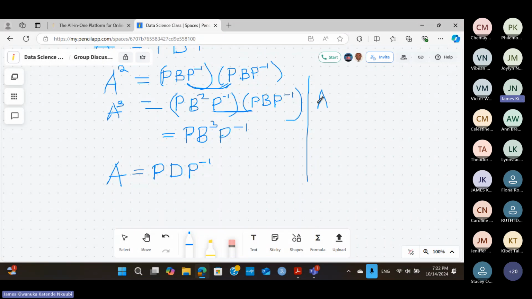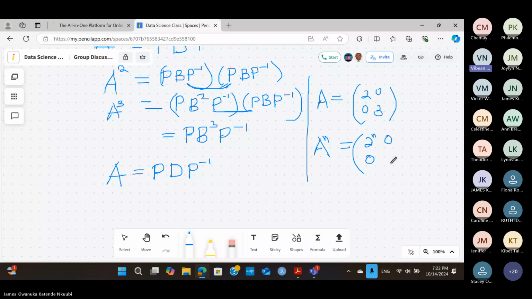So if I have A equal to a diagonal matrix where I have 2 here and 3, and 0, 0. So if I want to get A raised to N, it's very easy in this case. The only thing I have to do is to raise 2 and 3 to the power N. You can try this with small values of N to convince yourself. So this is how I get powers of A raised to N.